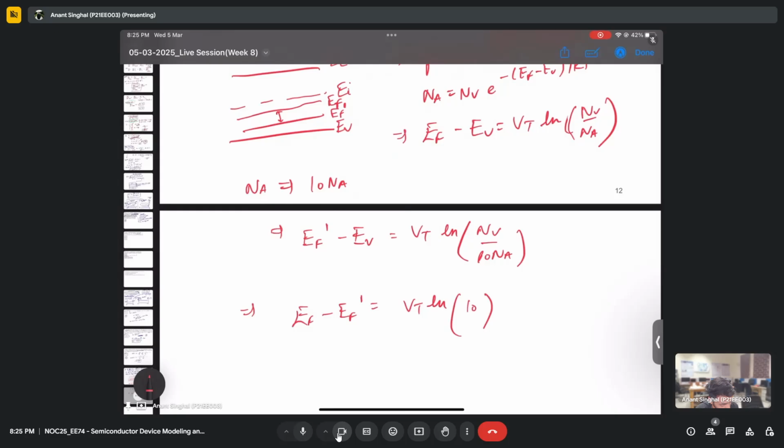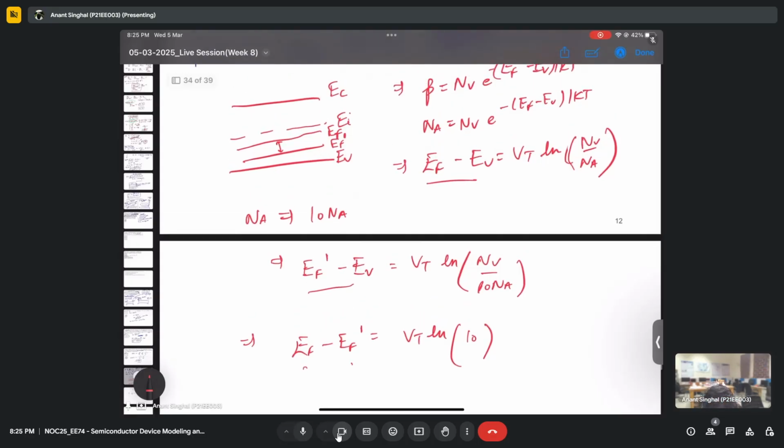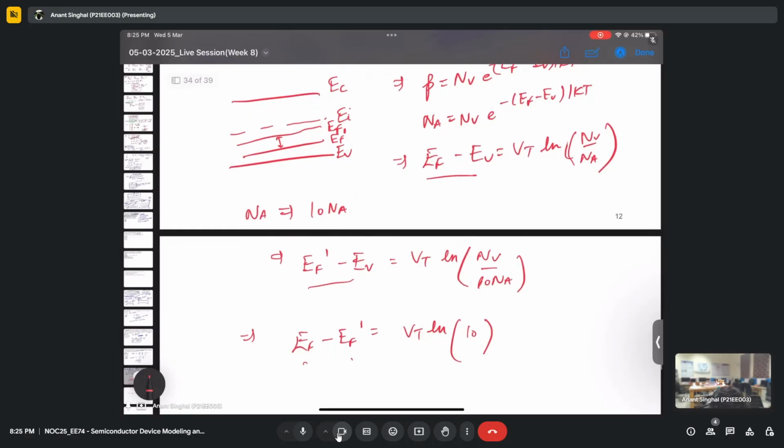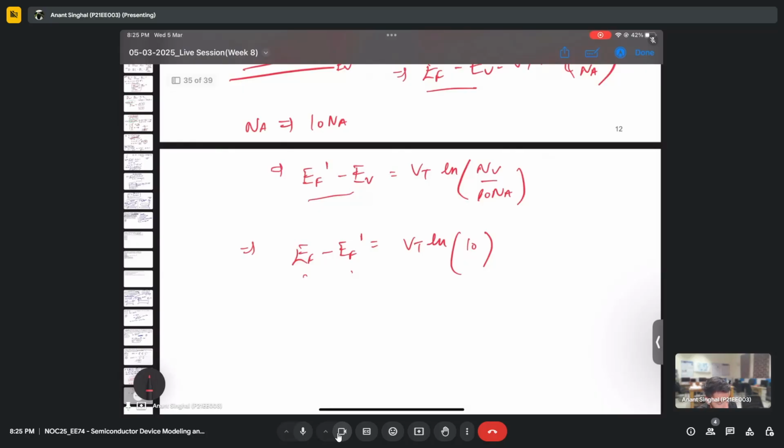Whatever we do, I have done EF dash minus EF, so I got kT ln 10 power minus 1. So EF dash minus EF will come as kT ln 1 by 10, that is 0.1 or 10 to the power minus 1. So this is the answer.